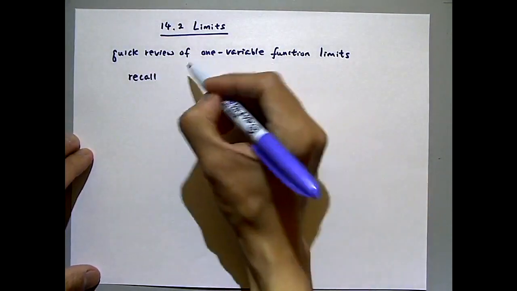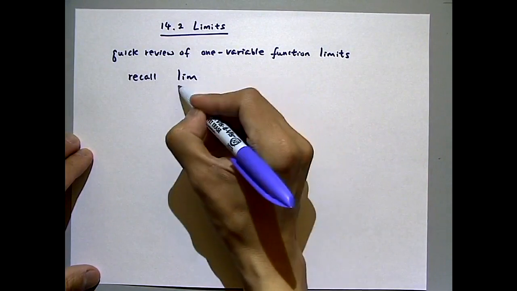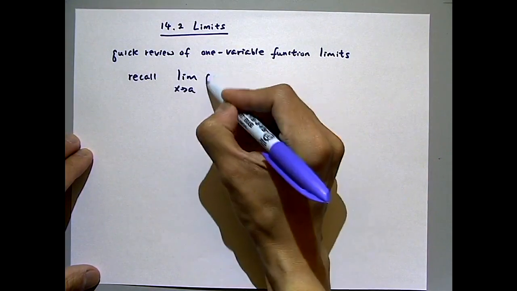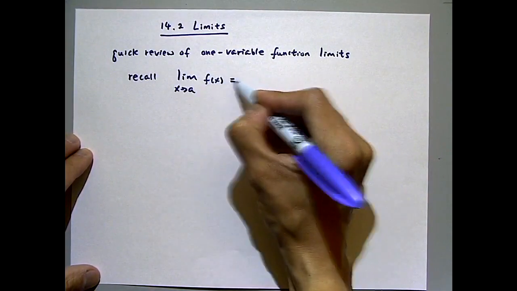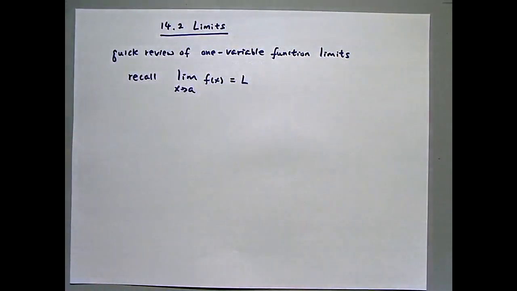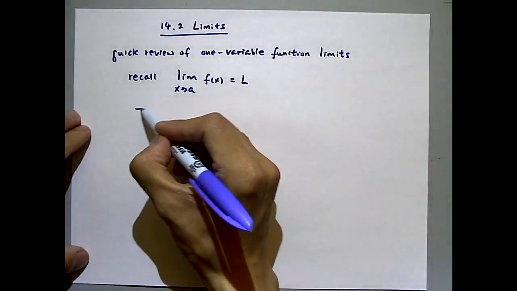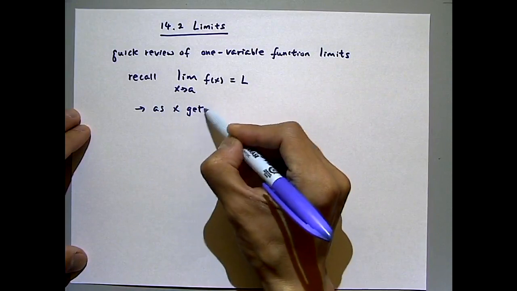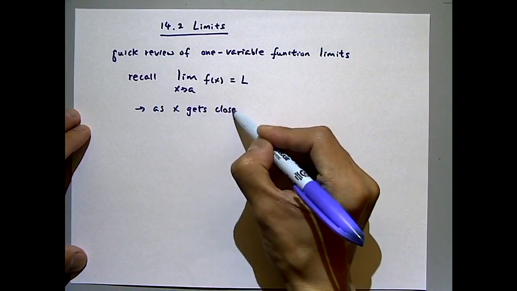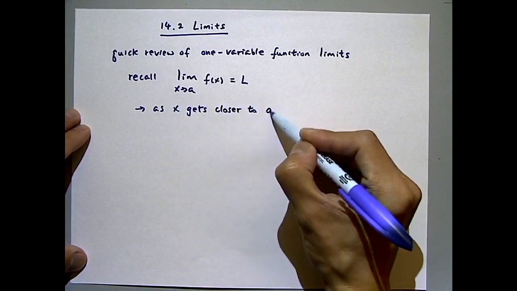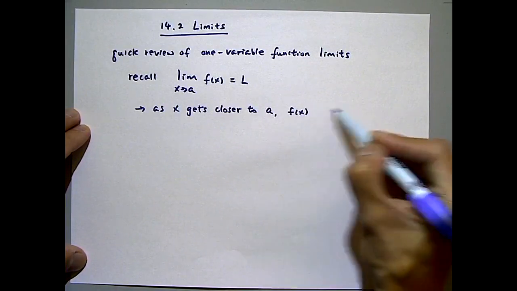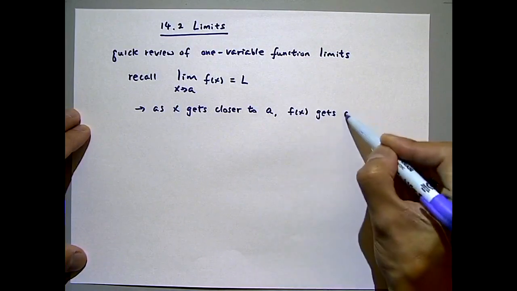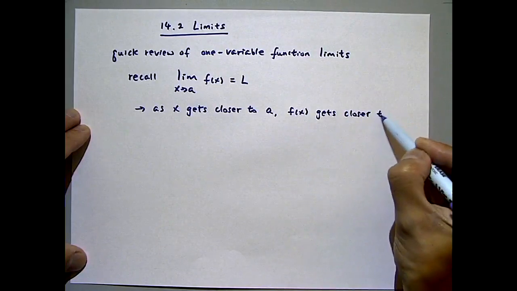So you remember that if we write limit as x goes to a of f of x, and if we say that's equal to L, this means that as x gets closer to a, f of x gets closer to L.